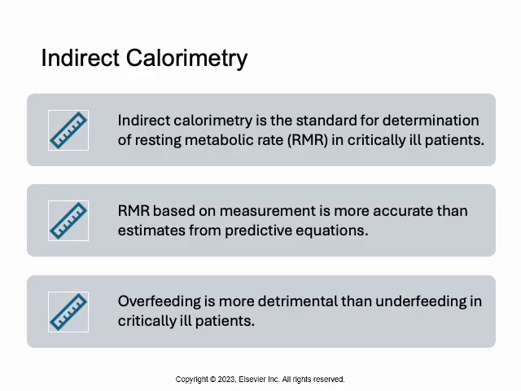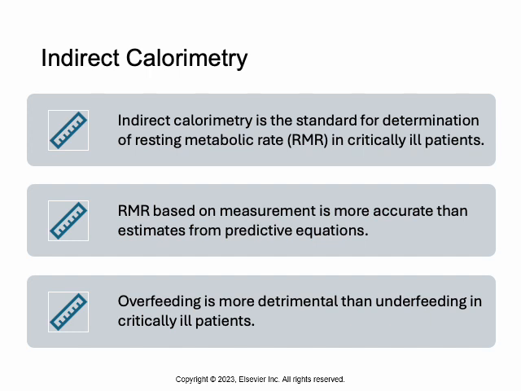We can use indirect calorimetry as a standard for determining the resting metabolic rate, or RMR, in our critically ill patients. And this calculation is based on measurements that are more accurate than our estimates from other predictive equations. You can use a handheld device to help determine this resting metabolic rate, the RMR.